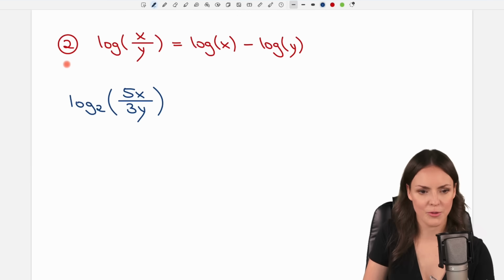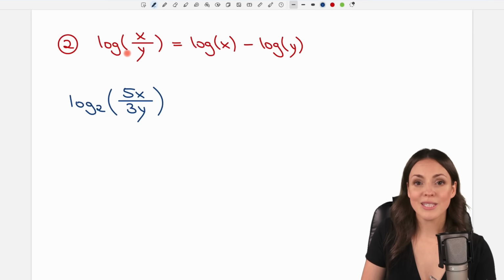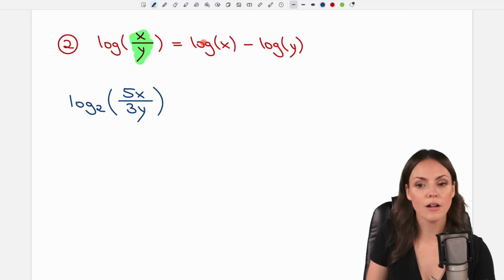Okay, second rule. The second rule tells us what we are allowed to do if we have a fraction in our logarithm. So not a product anymore, so not x times y, but the second rule takes a look at x over y. And it tells us that we are allowed to write this as 2 separate logarithms again, but this time connected by a minus.